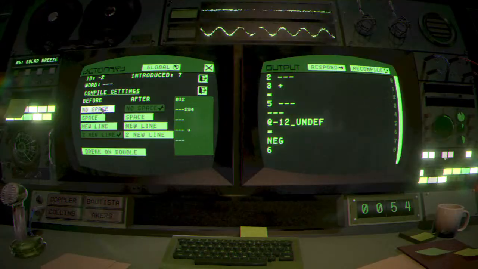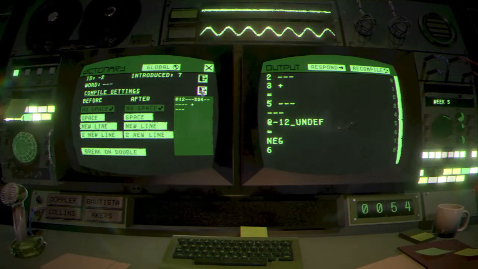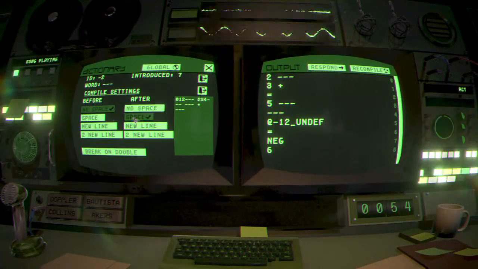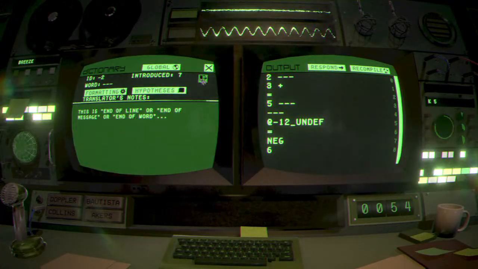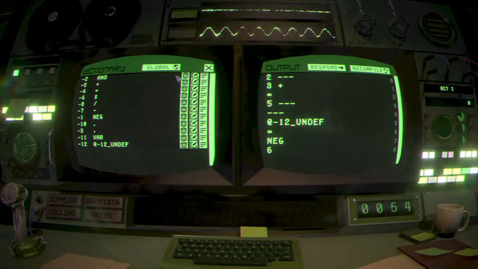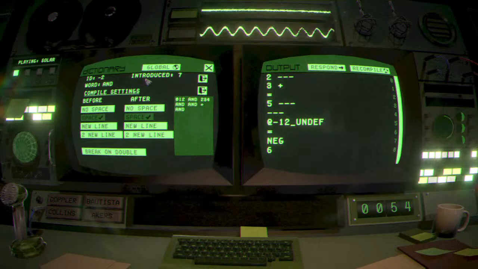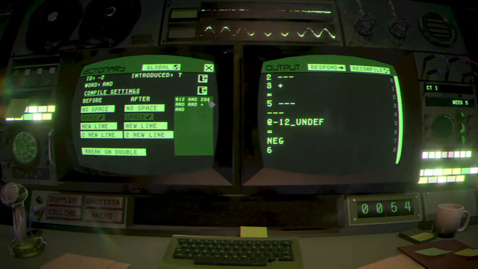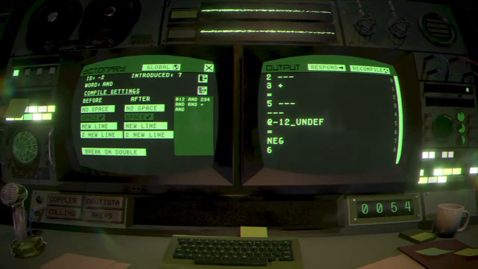So try like that and change this back to being and. So 0 and this and double and. I don't really like that it's double and, but whatever.